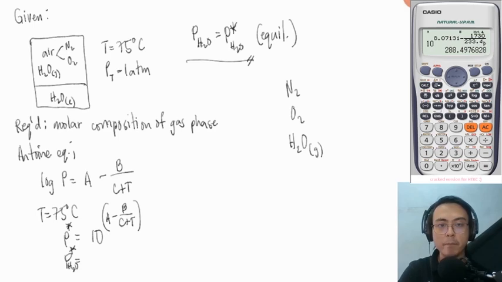This is our answer: 288 millimeters of mercury.